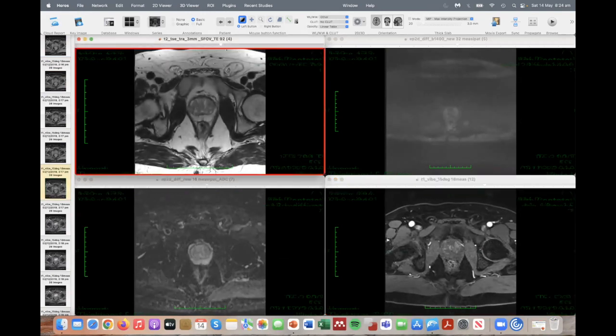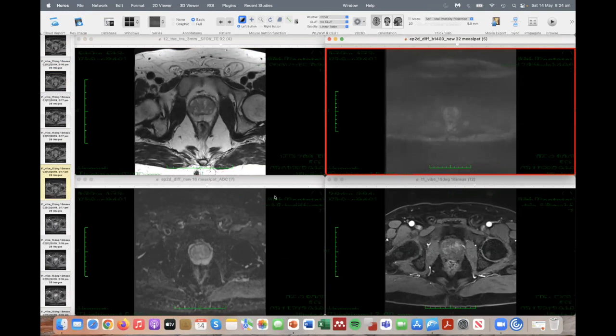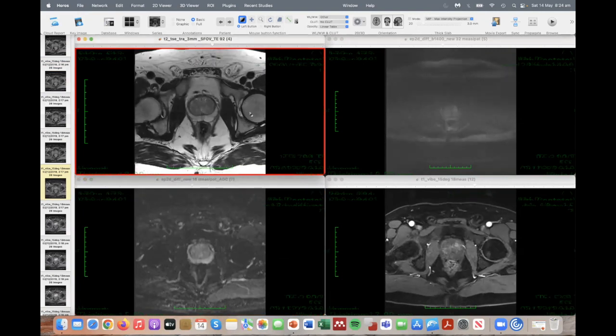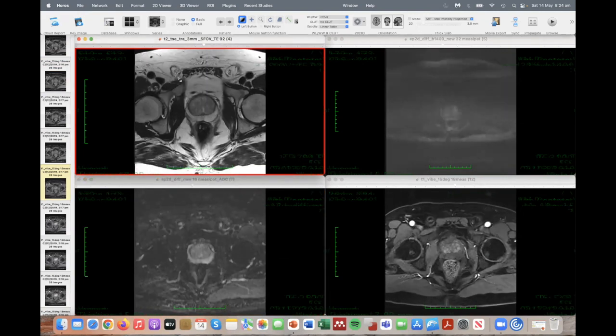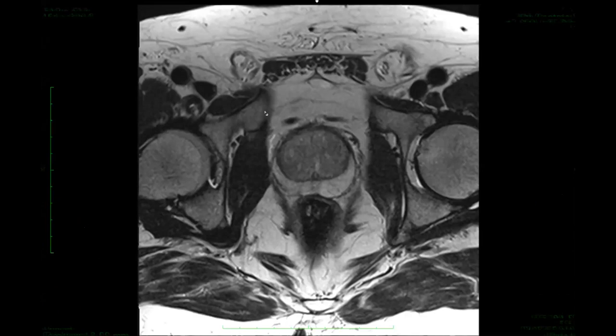So we know from the PI-RADS guidelines that we have 2 different sequences for the PZ and the TZ in terms of dominant sequence. So for the PZ, the dominant sequence is diffusion. For the TZ, the dominant sequence, as you know, is T2-weighted imaging. So we will have a look at the anatomical sequence here, which is a T2.